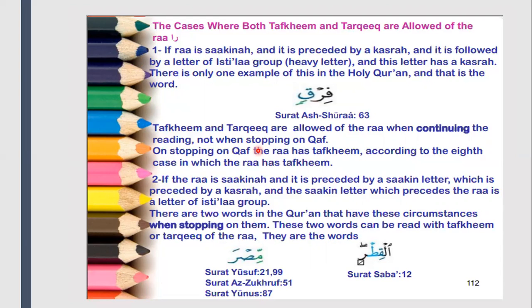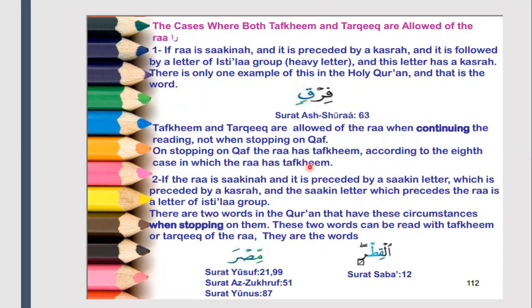So you're going to continue, and you'll make it either soft or strong. So there's a difference there between soft and strong. However, on stopping on the Qaf, the Ra has to become Tafkhim, so we make it strong, according to the 8 cases in which the Ra has Tafkhim.